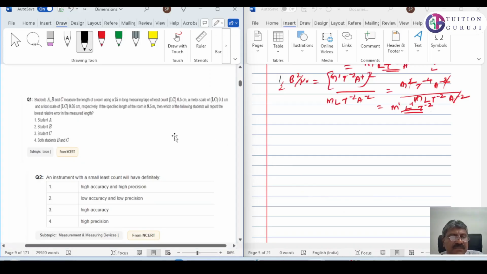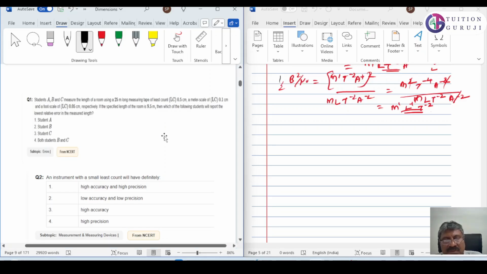Students A, B, C measure the length of a room using a 25-meter long measuring tape of least count 0.5 centimeter, a meter scale of least count 0.1 centimeter, and a foot scale of least count 0.05 centimeter respectively. If the specified length of the room is 9.5 meter, which student will report the lowest relative error?